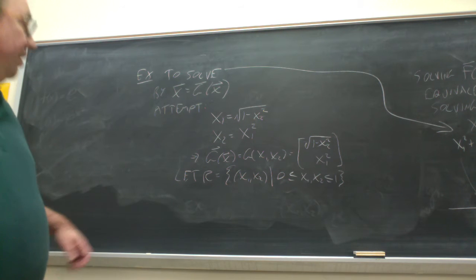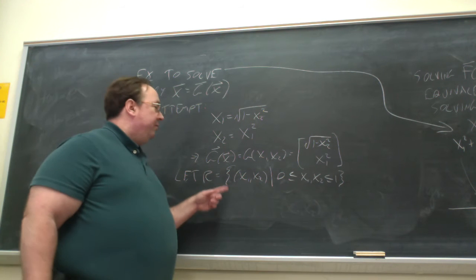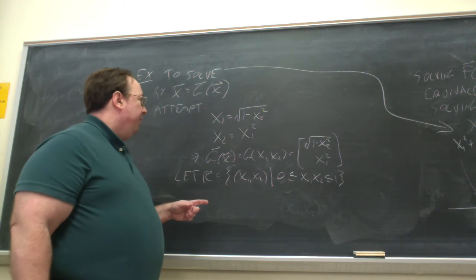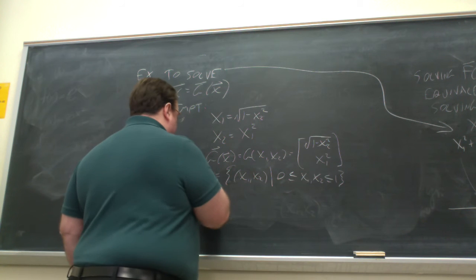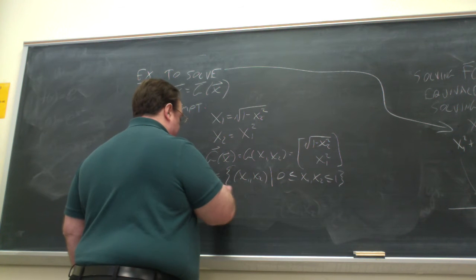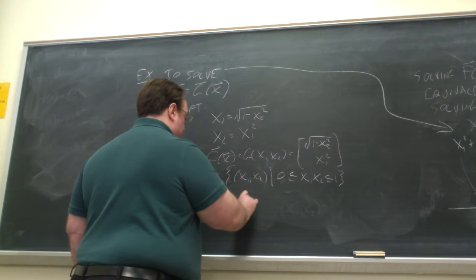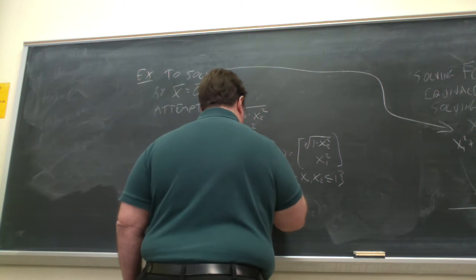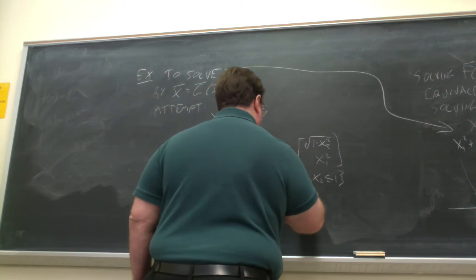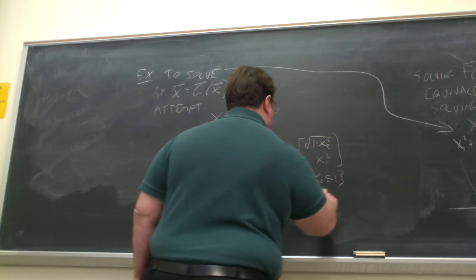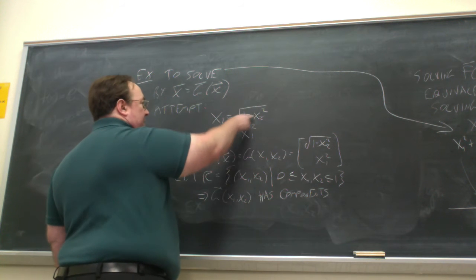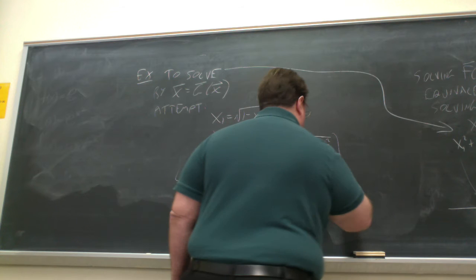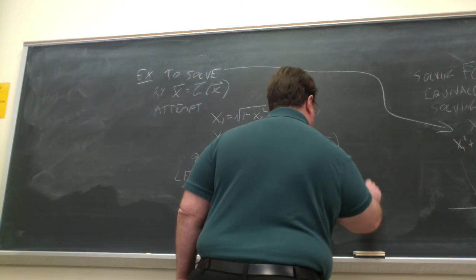Now, if you assume that x1 and x2 are between 0 and 1, you can actually see, without too much trouble, that the g values, if I plug the numbers in here between 0 and 1, the results will also be between 0 and 1.